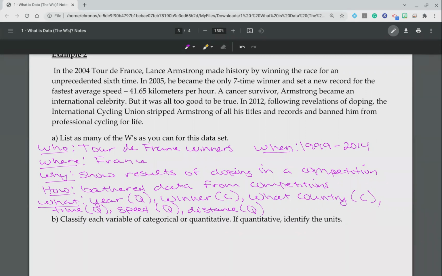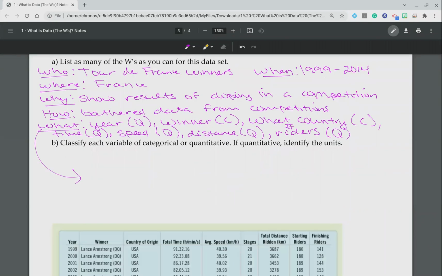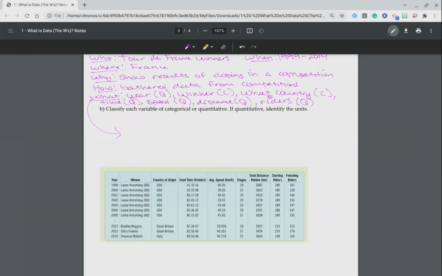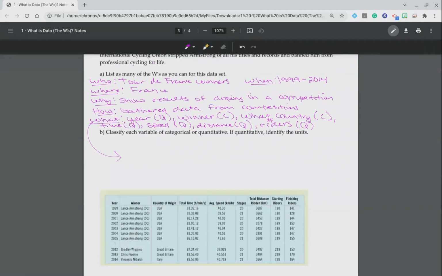And then we're looking at the riders, right? Who's riding the bicycles? And that's quantitative because we're looking at the number of bicycle riders, okay? So we kind of already did this piece right here with our what. And I probably should have shown this earlier, but you could see it on your paper. This is where I got all this information up here, okay?